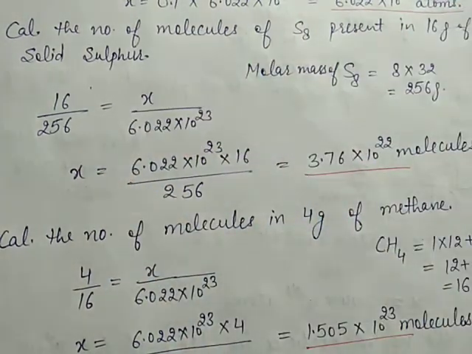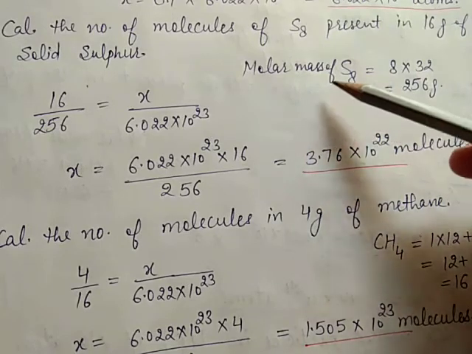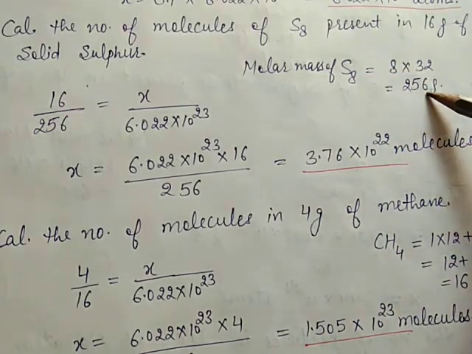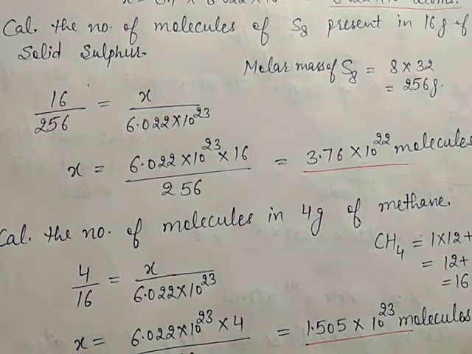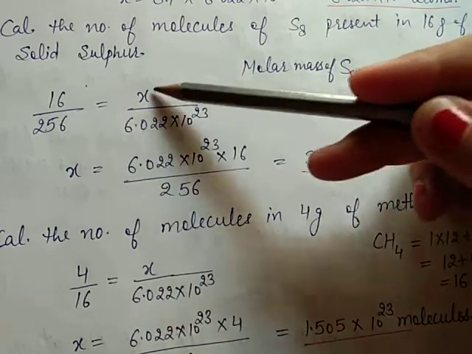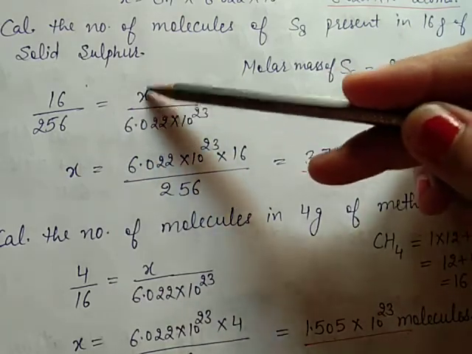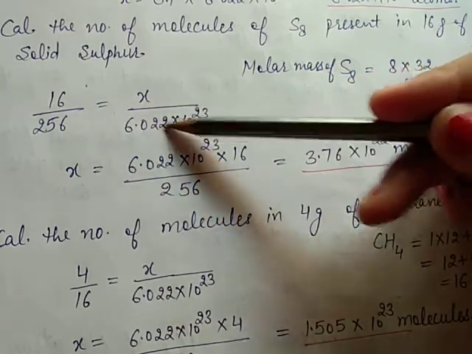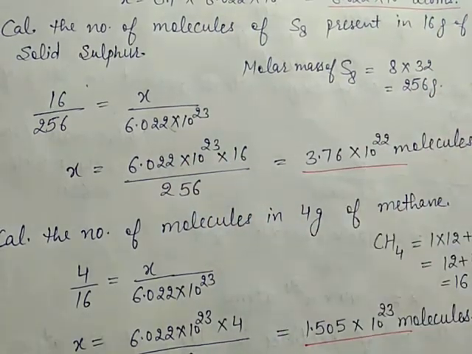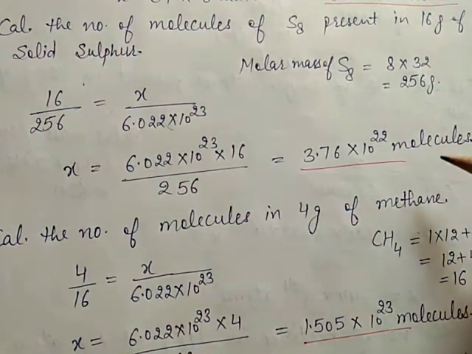First we have to calculate the molar mass of S8: 8 multiply 32, that is 256 gram. 16 divided by 256 is equal to number of molecules, supposed to be X, divided by Avogadro number. After cross multiplication, we can easily calculate the number of molecules.